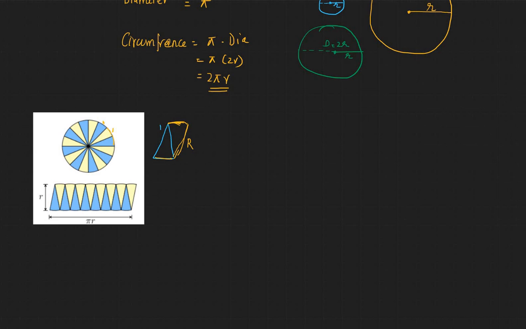So half of the circumference is pi r, and this is the other pi r. If you add up this pi r and this pi r, you get 2 pi r for the whole circle. That's why you have one length pi r and the other pi r, because you have joined them like that.